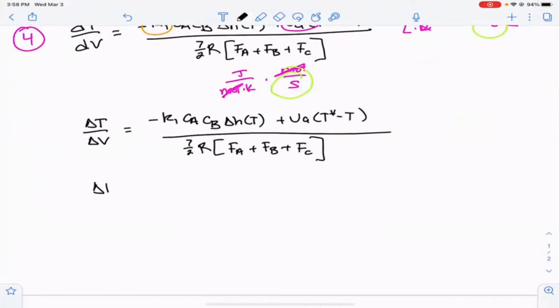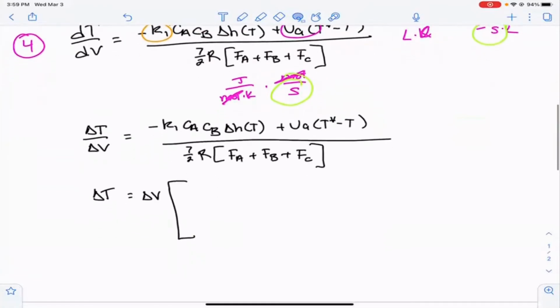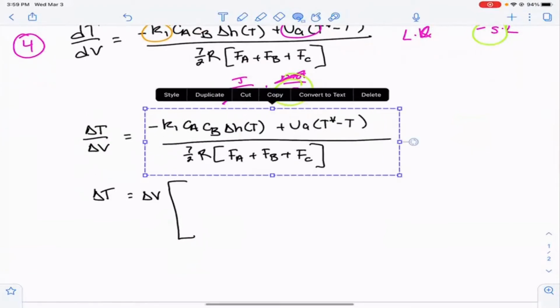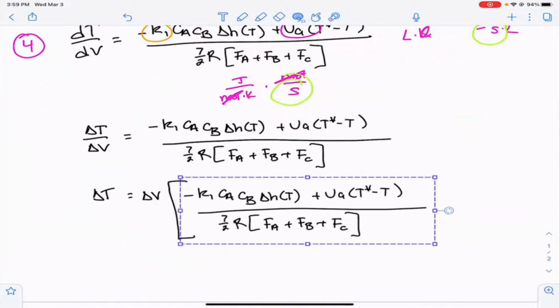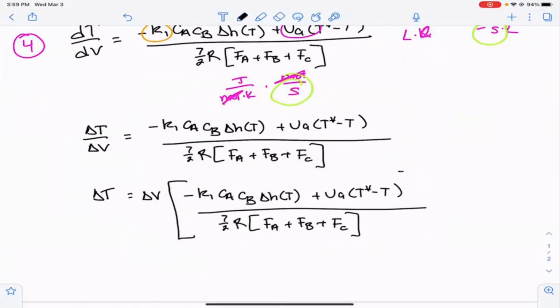That delta T, which is the new temperature minus the temperature you're at that moment, is just delta V times all of this in brackets. And so that's how we end up implementing the energy balance.